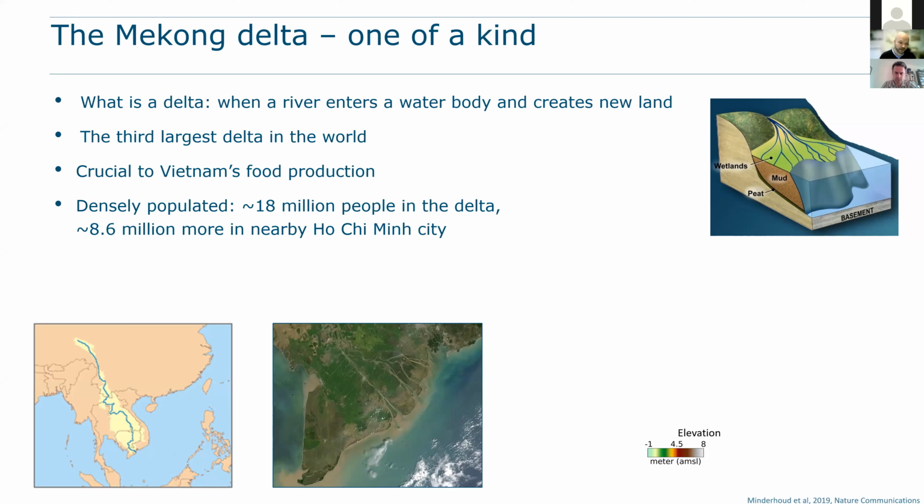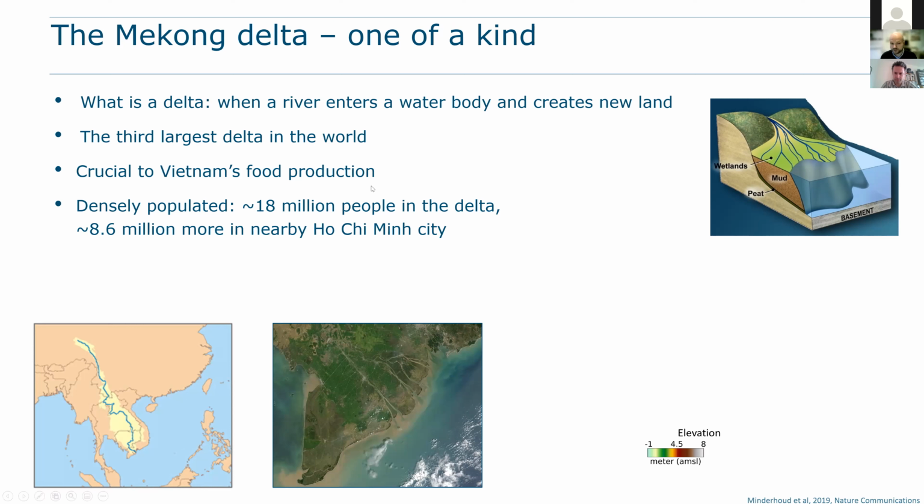It is located at the end of the Mekong River, and it created this large delta into the ocean. It is crucial to Vietnam's food production, and it is densely populated, both inside the delta and in the adjacent Ho Chi Minh City.